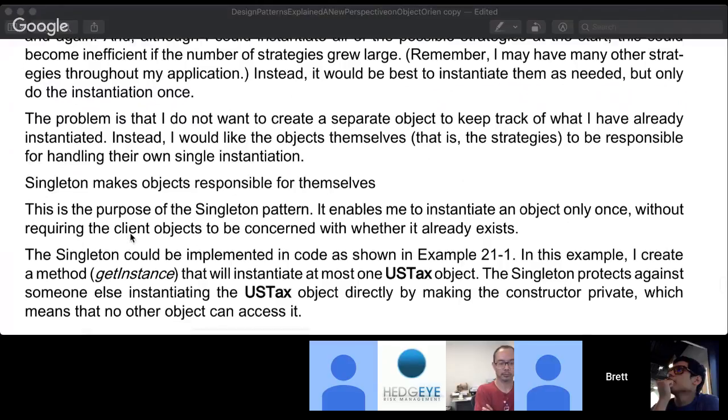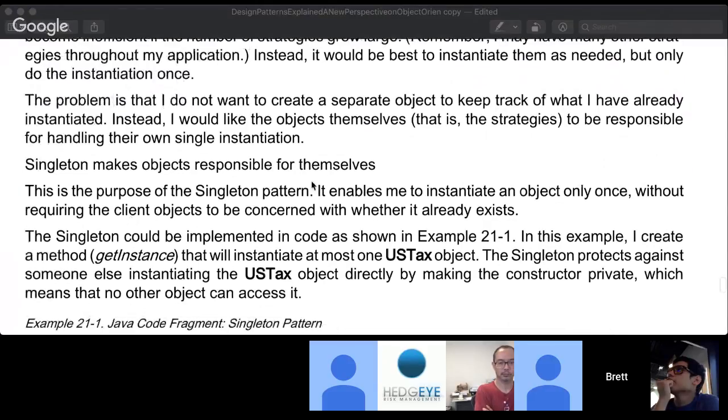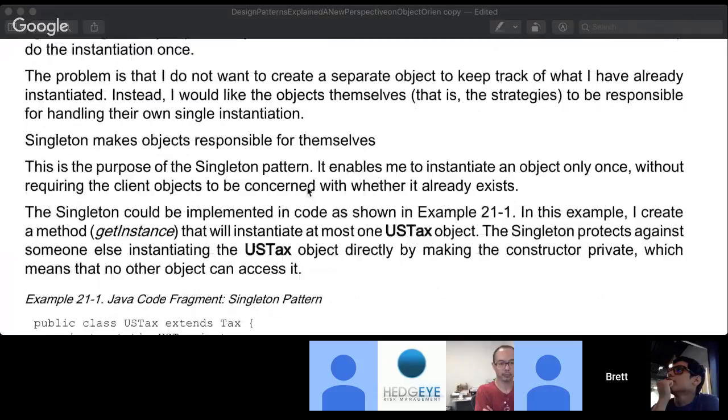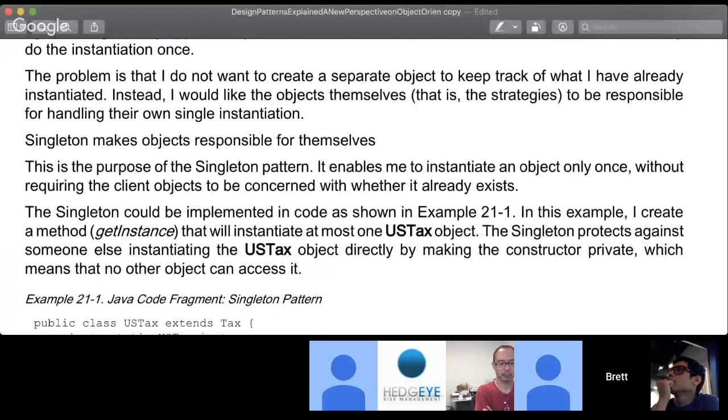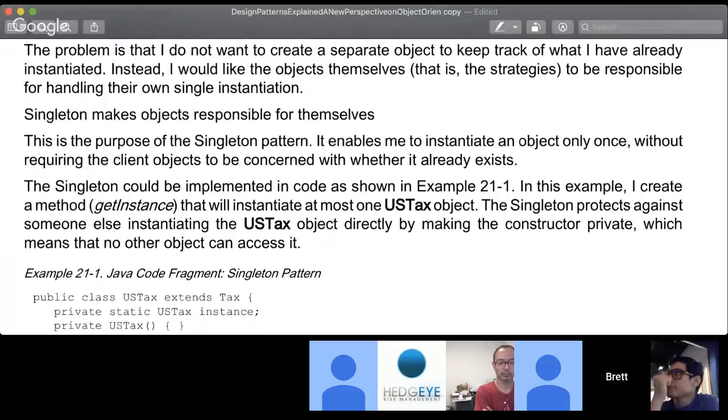So let me see where I had this note. Basically, what this section is getting at is you would like to have the objects themselves, that is the strategies, be responsible for handling their own instantiation, versus having to create a separate object to keep track of what you've already instantiated.